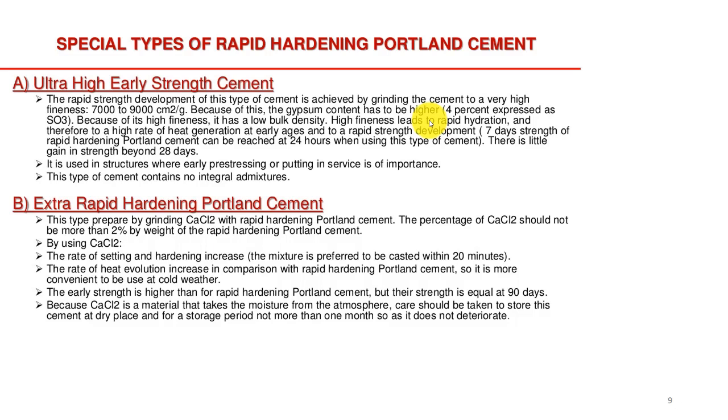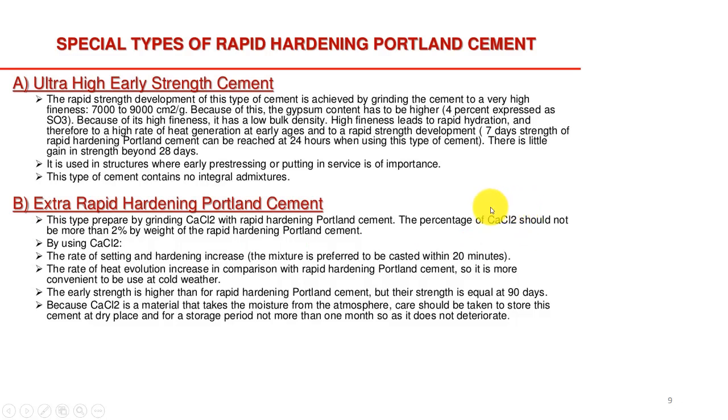You would have an understanding about the chemistry and the physical properties of cement, so that you can alter these chemical composition and particle size, so that it can have desired properties for the desired application. So in extra rapid hardening cement you can use some type of accelerator. In rapid hardening cement, you can use some type of accelerator.